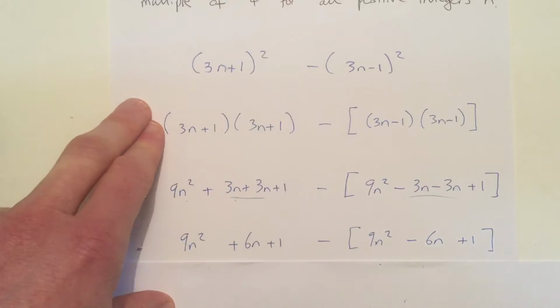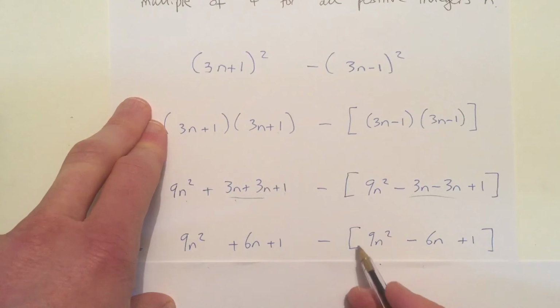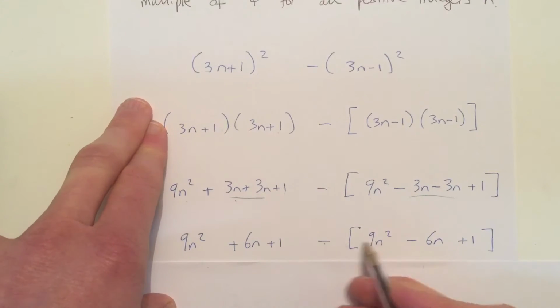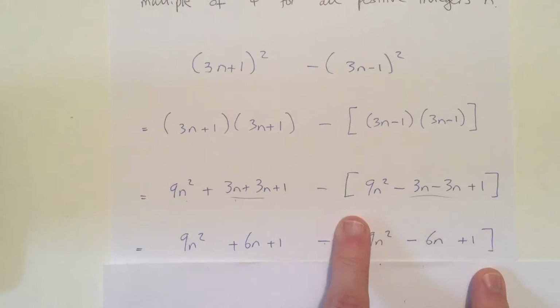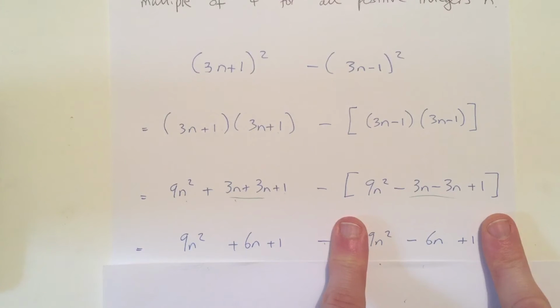And this step now, this is why I needed these square brackets, because I want to take away all of this. If these square brackets weren't there, I might make a mistake and only subtract the 9n², and then forget that I need to subtract the minus 6n and the 1 as well.